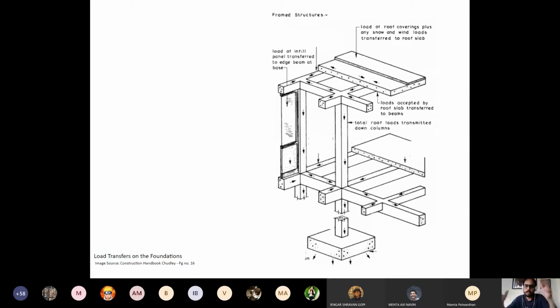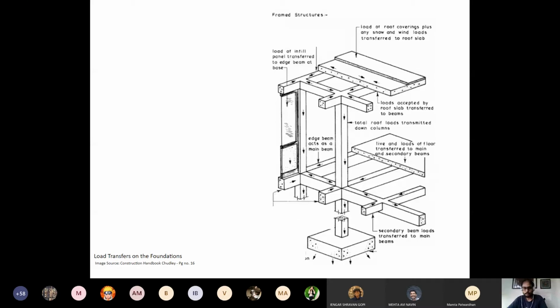All this load gets consolidated in the column and moves down through the columns. There are live loads on the floor that need to be transferred to the secondary beams. From the secondary beams, the loads move to the primary beams, and from the primary beams the loads move down to the column, which takes them all the way down to your foundations.